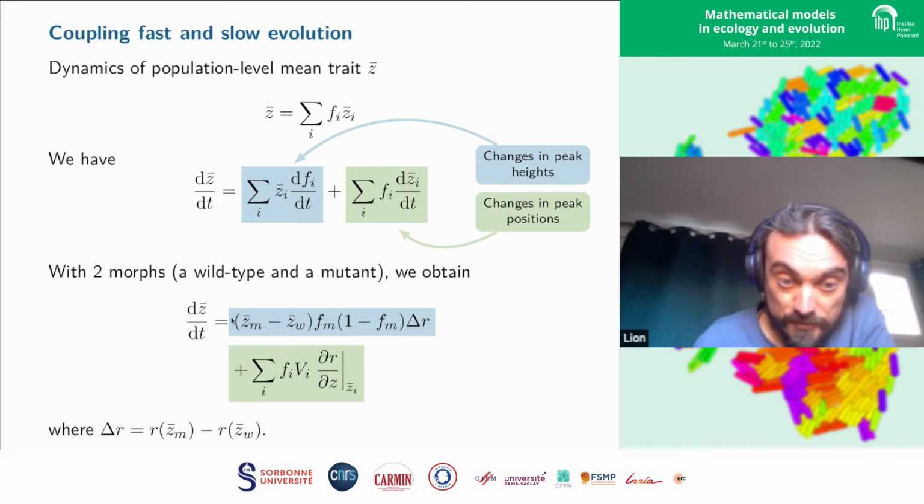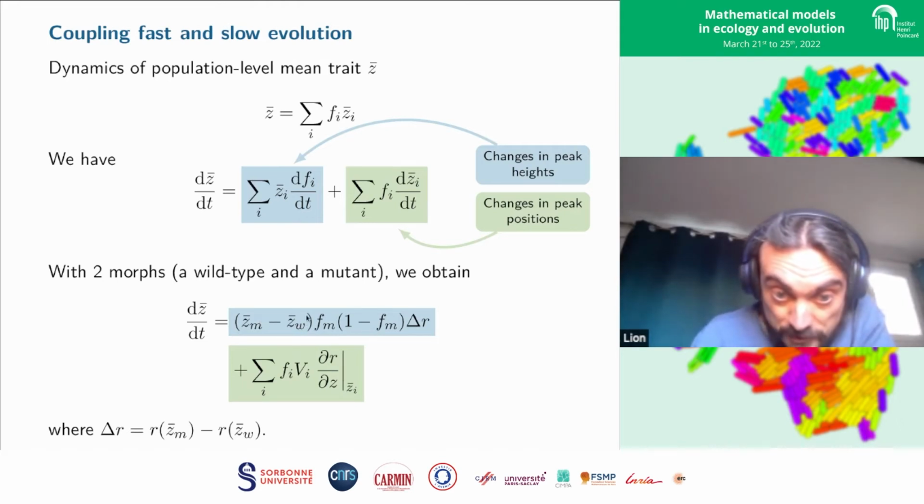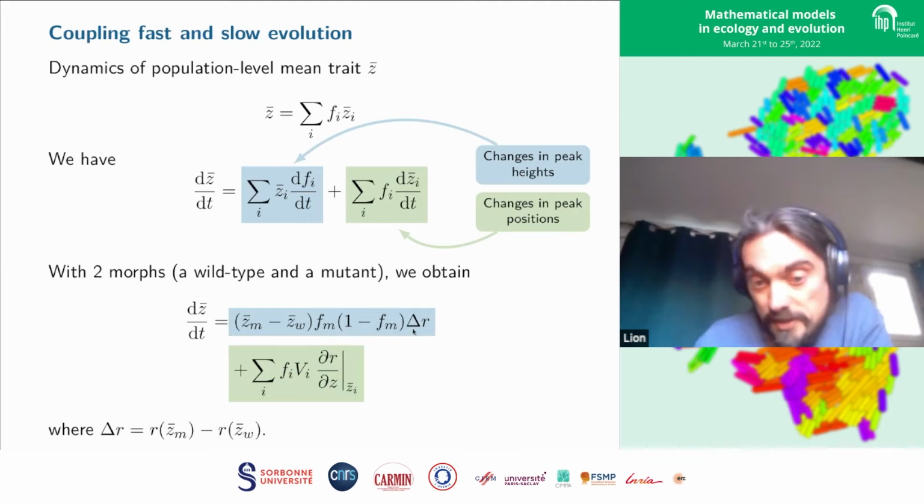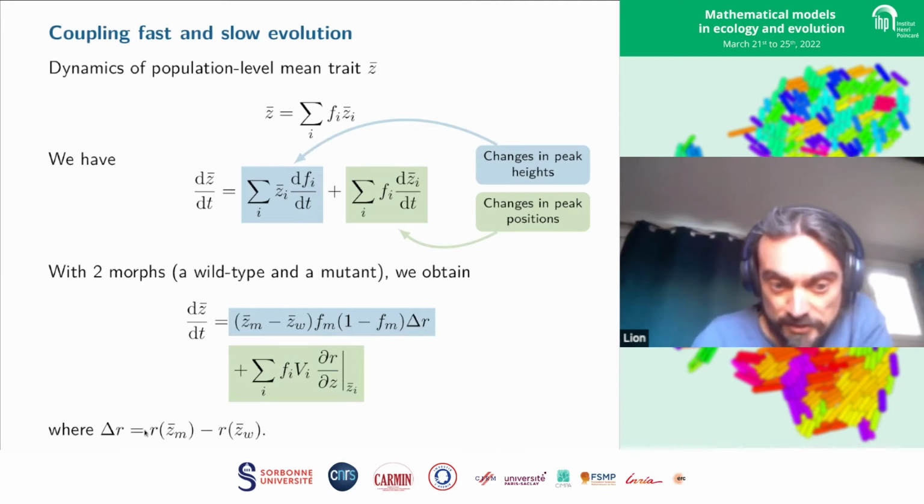So the change in the mean trait at the population level depends on the difference between the mean traits of the two morphs, M and W. Then something that looks like a standard variance in population genetics, the frequency of the mutant times the frequency of the wild type, or FM times 1 minus FM. And then delta R is a first order approximation of the difference in growth rates of one morph compared to the other.